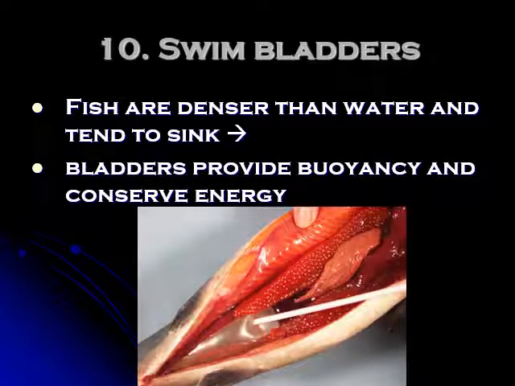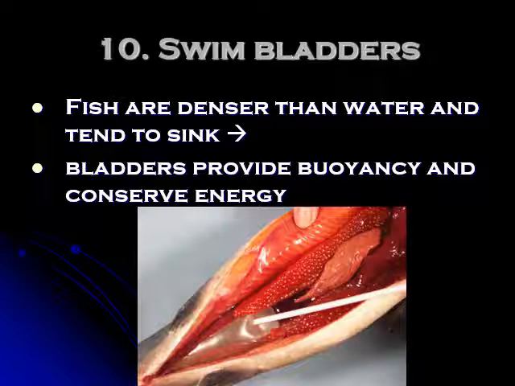So these bladders are going to be providing buoyancy in order to conserve energy. So if you remember, the shark doesn't have a swim bladder, but it does have an oily liver to help with its buoyancy. So fish don't have these oily livers. They have some type of swim bladder, and it's either going to be an air bladder or it's going to be an oil bladder.